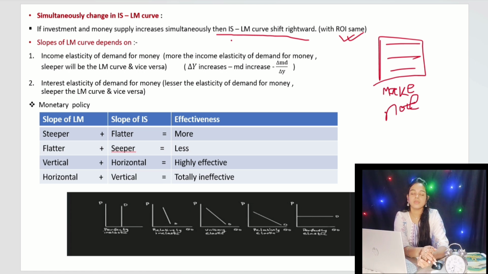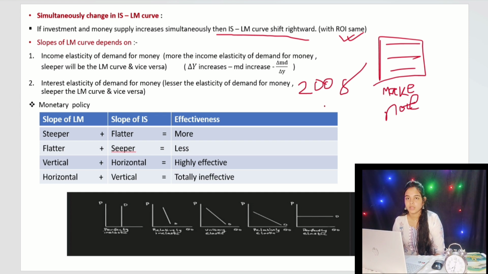And if we take an example, the 2008 global financial crisis is an example of a rightward shift of the IS-LM curves, when the government followed expansionary fiscal policy and the central bank followed expansionary monetary policy.